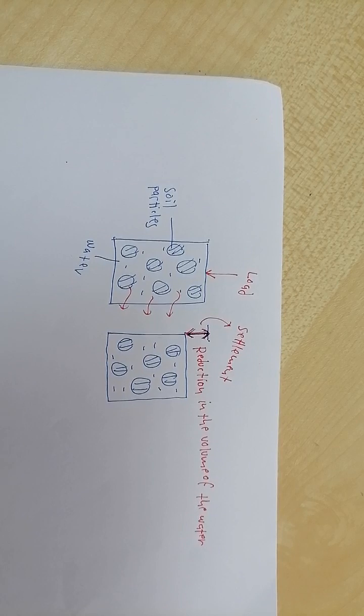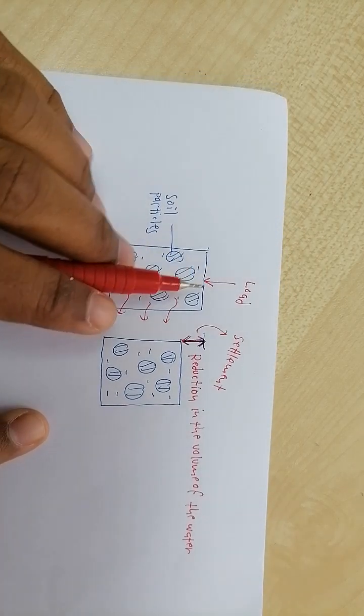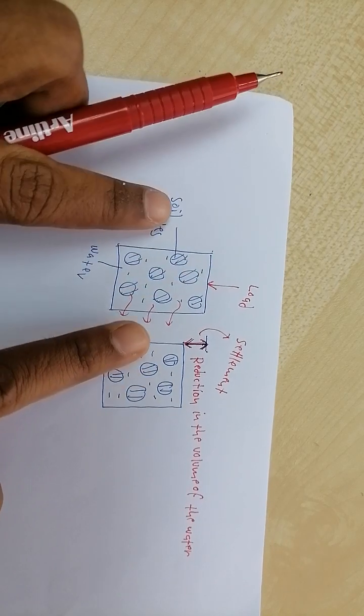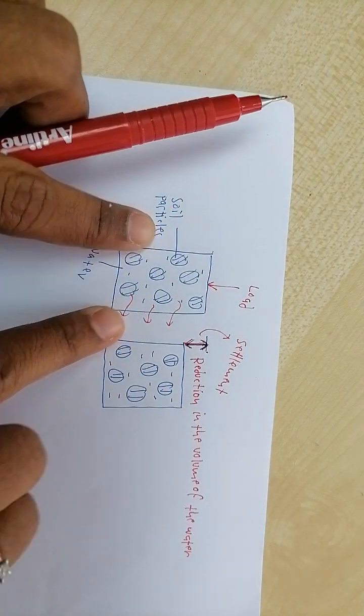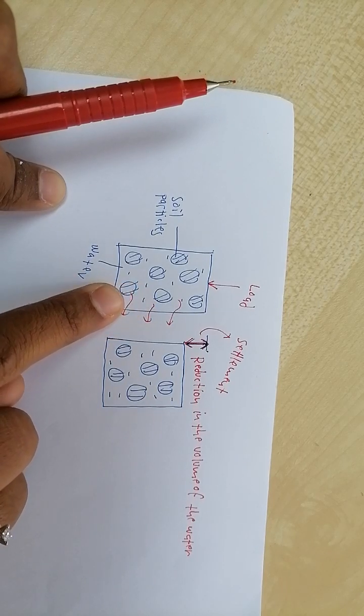I will repeat, saya ulang sekali lagi. Consolidation is a process where you put a load on a saturated soil sample. In this case, contohnya, this is a saturated clay sample.